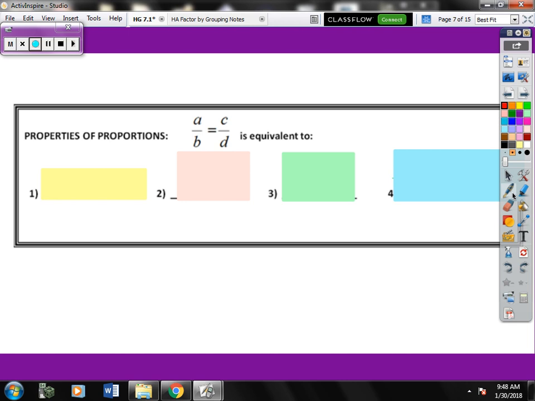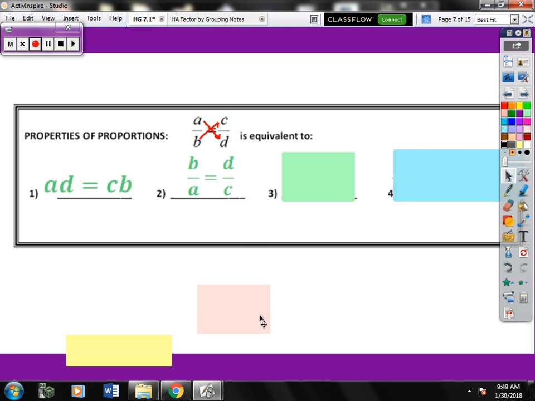All right, common proportions. If we have A over B is equal to C over D, we can also cross multiply those to get A times D is equal to B times C. You can also flip both sides of the proportion.